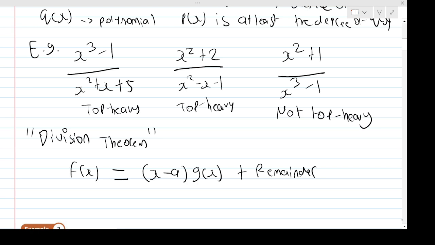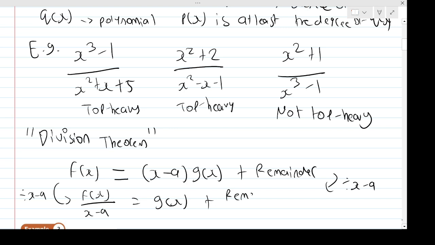What we can do then is divide by x minus a on both sides. If we divide by x minus a on both sides, f of x over x minus a will give us g of x, plus remainder over x minus a, okay?